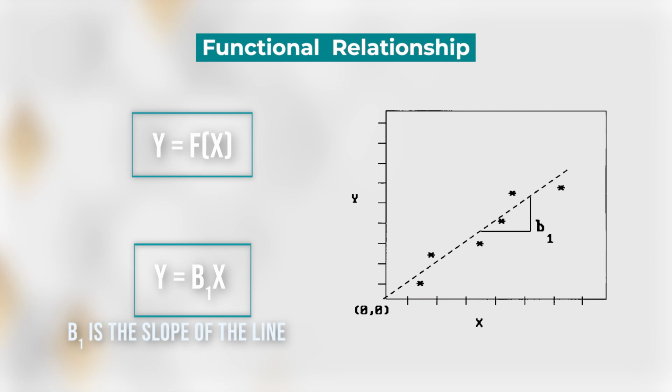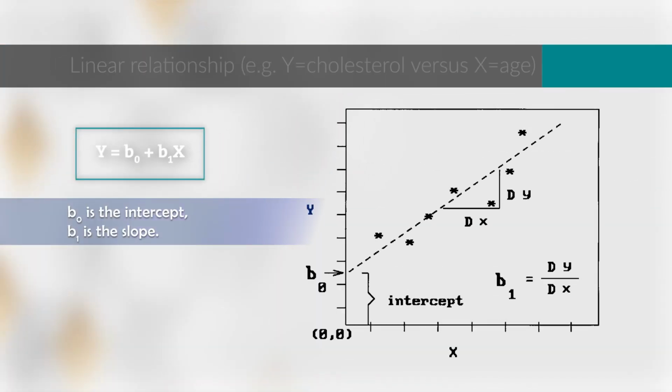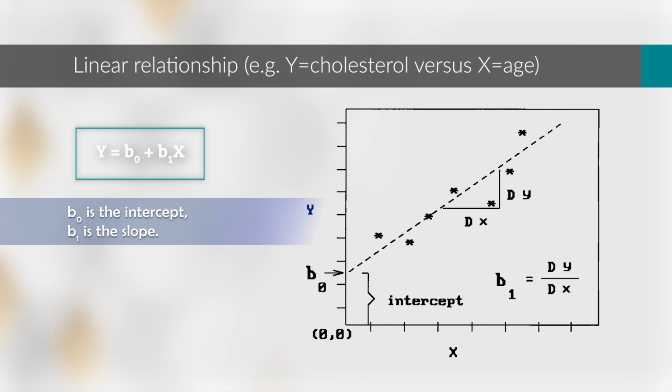This B1 is given by the change in the perpendicular due to the change in the base, and thereby we can explain any sort of functional relationship. This also boils down to the linear relationship among any kind of variables. So here y is cholesterol, which is dependent upon the age.